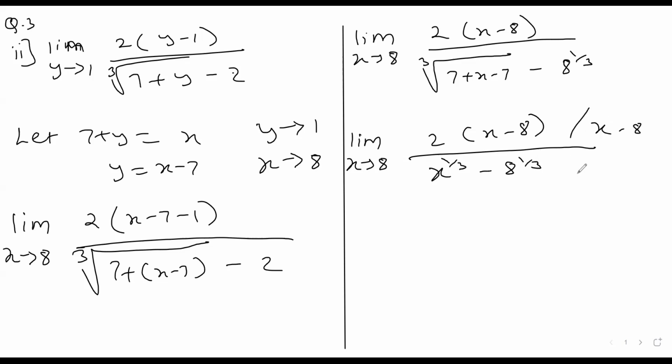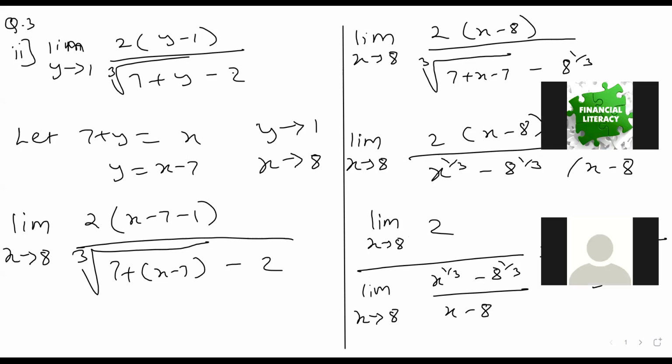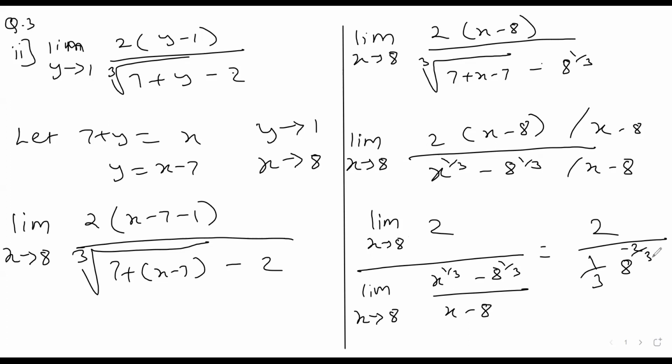I will divide by x minus 8 so that I can use the formula. Limit x tends to 8, 2 upon limit x tends to 8, x raised to 1 by 3 minus 8 raised to 1 by 3 upon x minus 8. This is 2. This is 1 by 3 into 8 raised to 1 by 3 minus 1, that is minus 2 by 3. This is 2 upon 1 by 3 into 8 raised to minus 2 by 3.